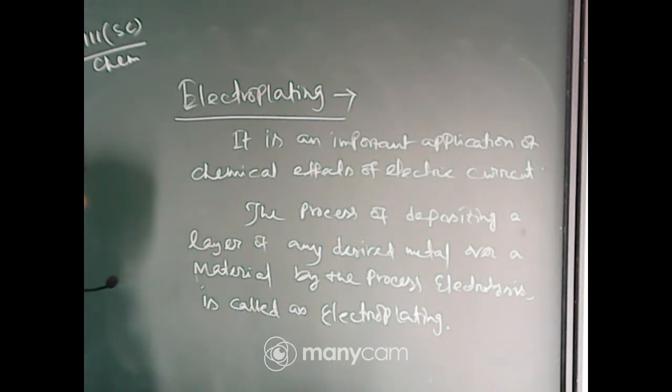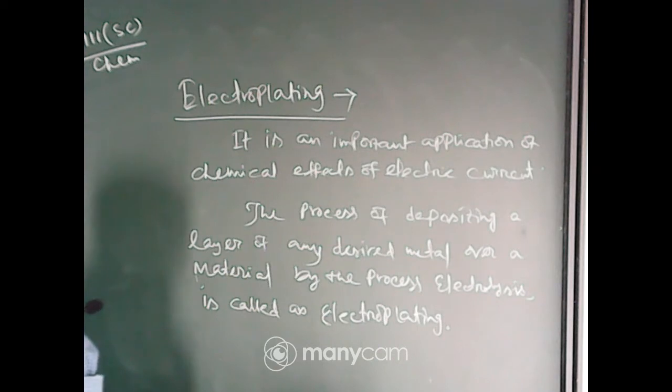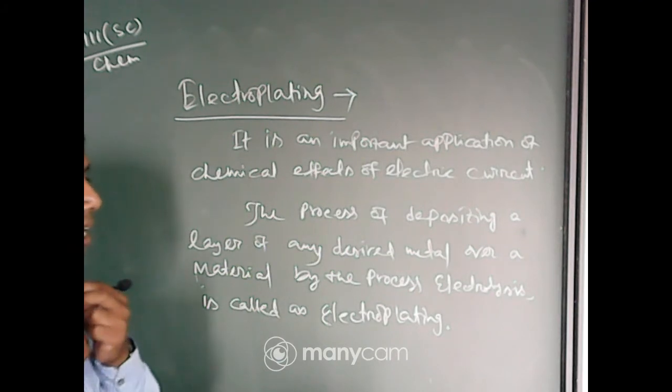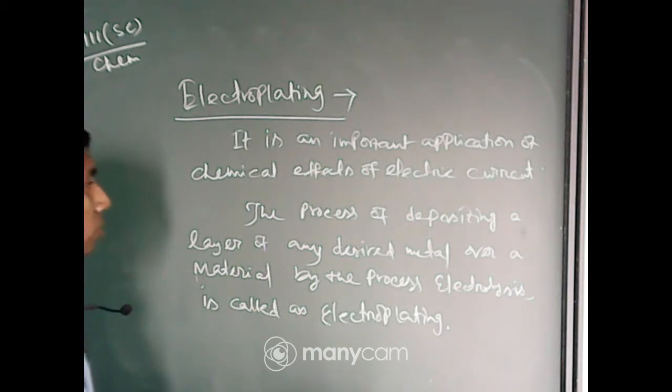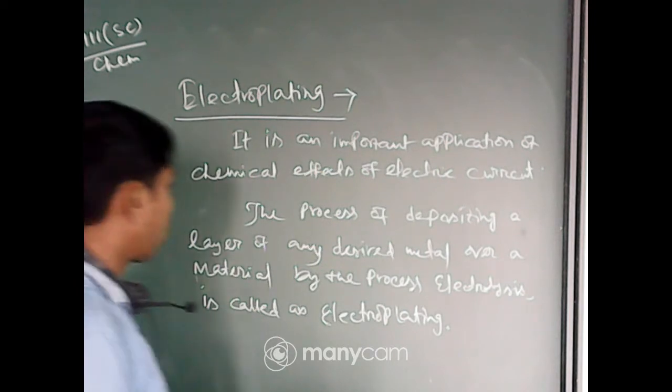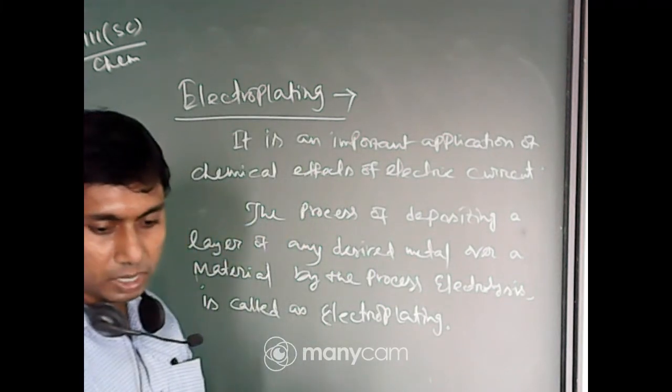In the next paragraph, the process of depositing a layer of any desired metal over a material by the process of electrolysis is called as electroplating.